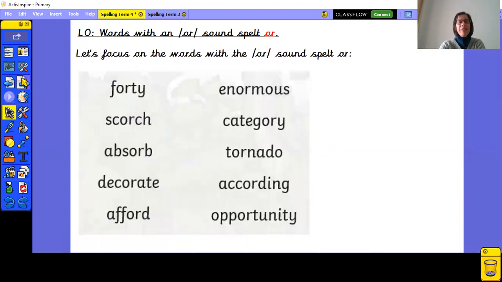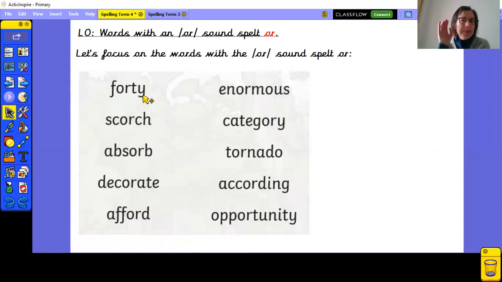Now, let's have a look at the words you've got to learn for next week. So they all have the O sound spelled O-R. So let's go through them. Maybe you can repeat the words after me.